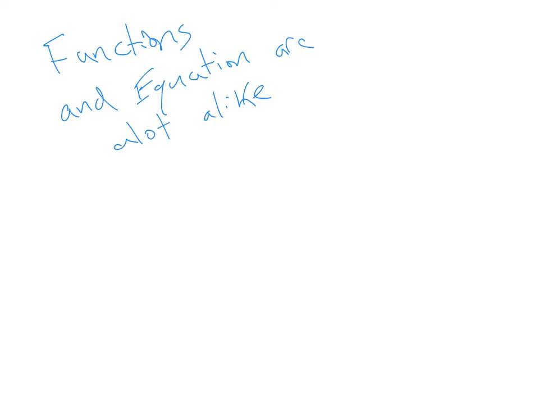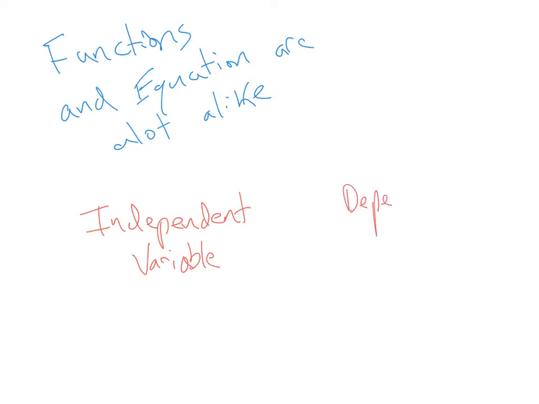Two important words here for today. We've got our independent variable and our dependent variable. So now we're going to start looking at problems where we have two variables. One is called an independent variable and one is a dependent variable.